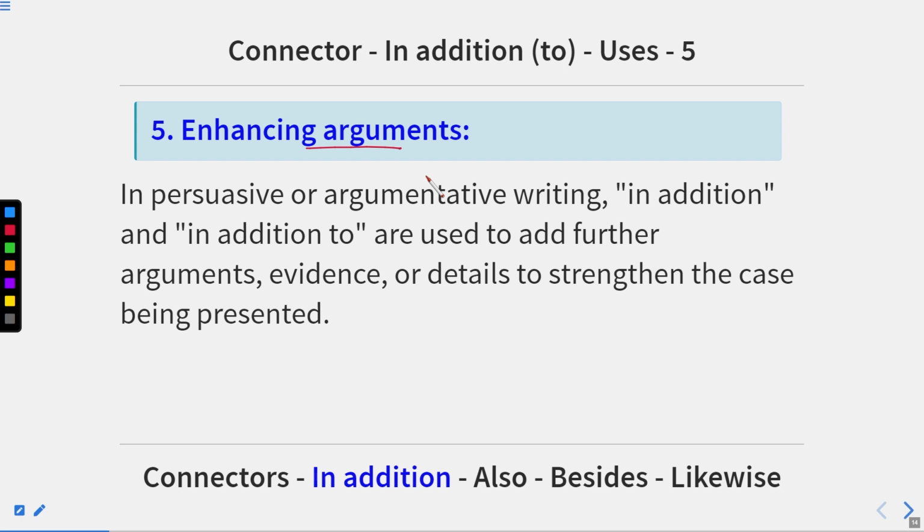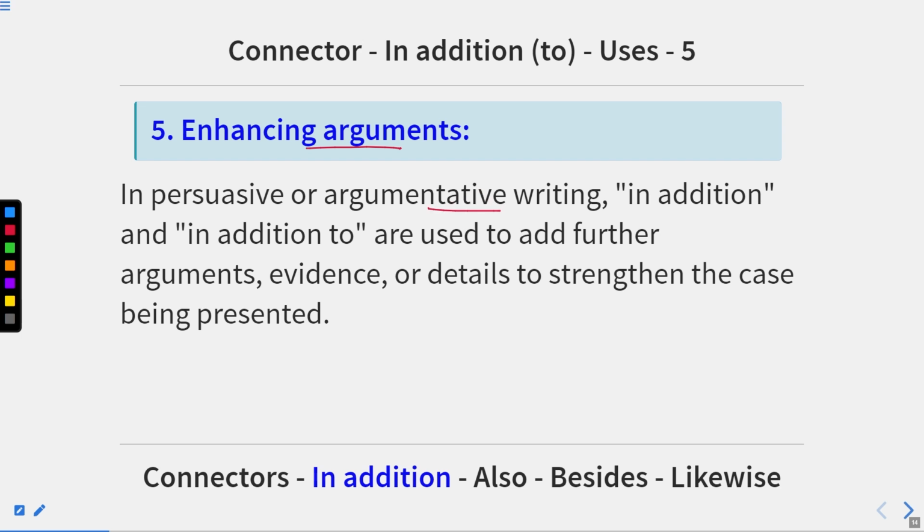To persuade another person, we use these phrases to make it formal, and we prove ourselves with some extra information, because these words emphasize the extra information that we are providing.